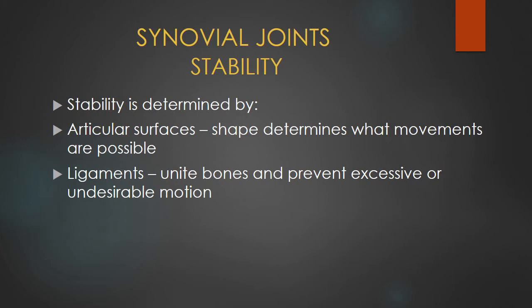Remember that ligaments are also one of the connective tissues. They're formed primarily from fibroblasts, which are secretory cells. They secrete strong collagen fibers, generally arranged in a parallel organized fashion that is strong and resistant to tensile or pulling apart forces.